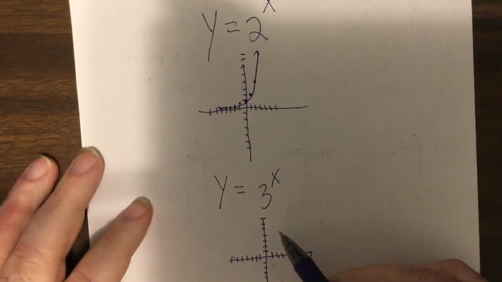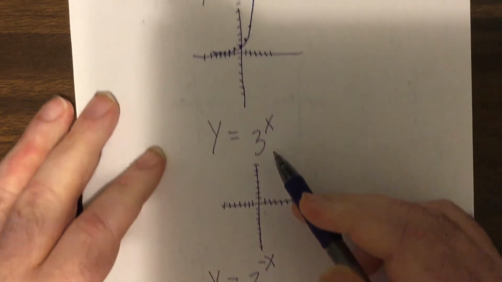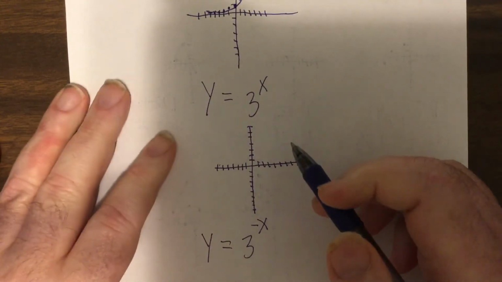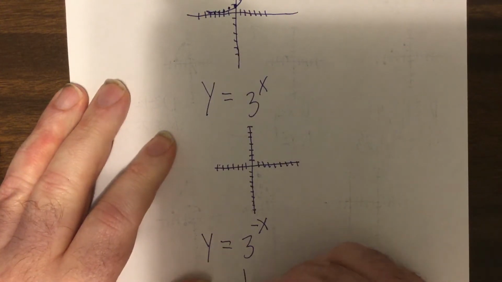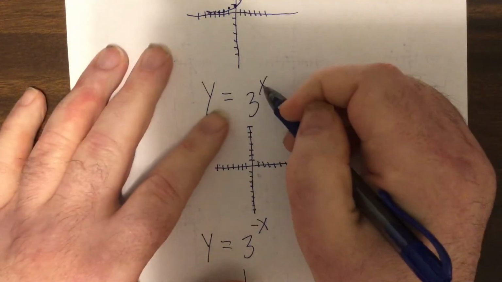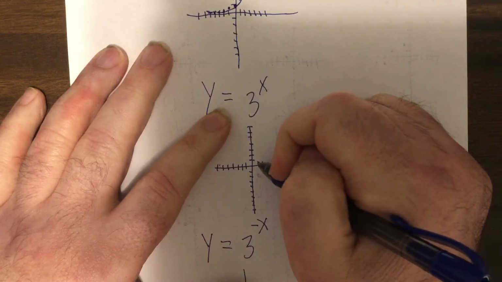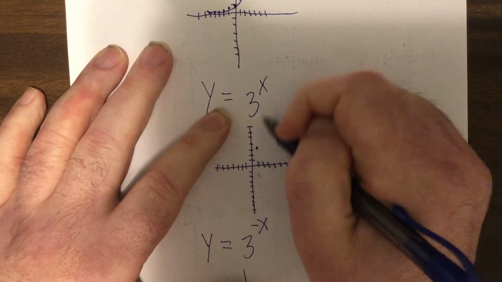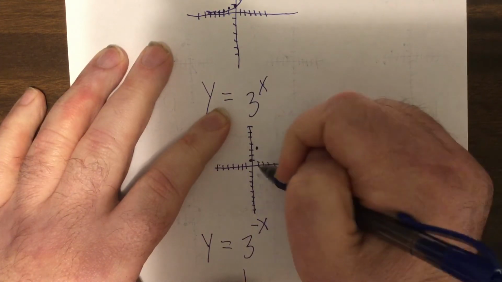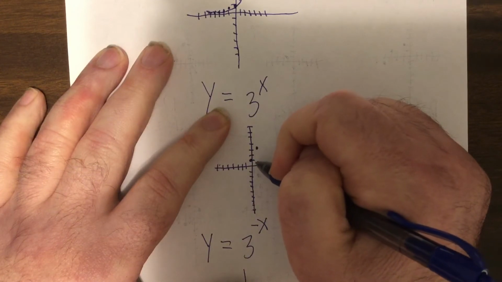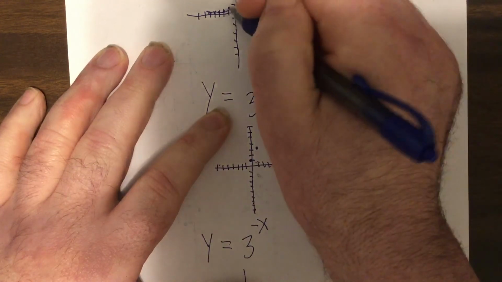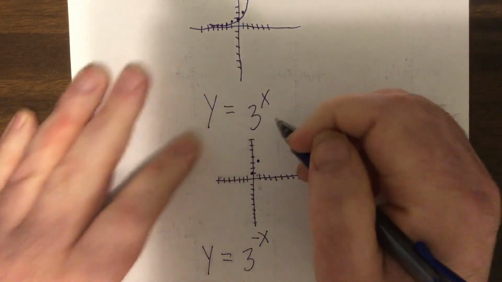Now notice if I have y = 3 to the x, it just goes up faster. Put in 1, that would be 3. Put in 0, that's 1. So now notice we're going from 1 to 3 instead of 1 to 2.